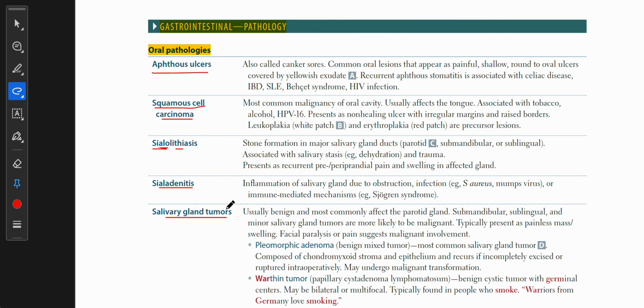So basically, what are aphthous ulcers? These are also called canker sores. They are the most common oral lesions, appearing as painful, shallow, round to oval ulcers covered by a yellow-gray exudate.